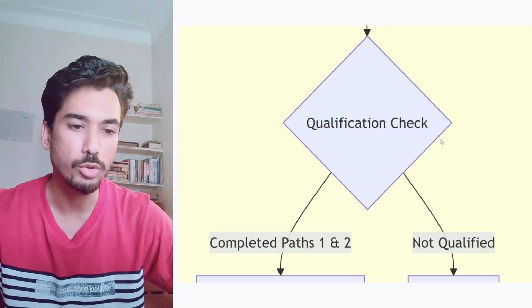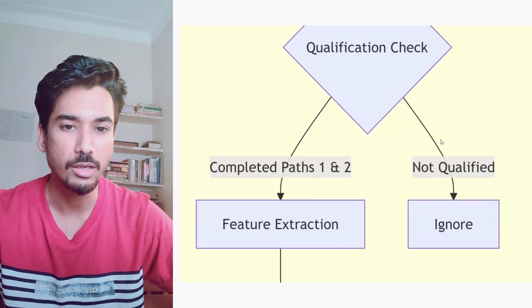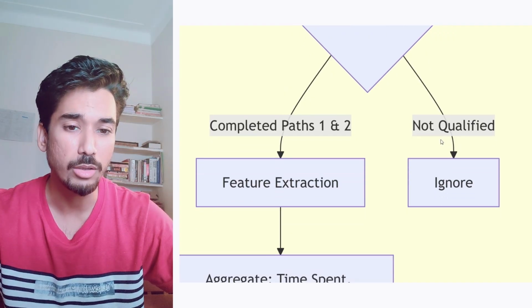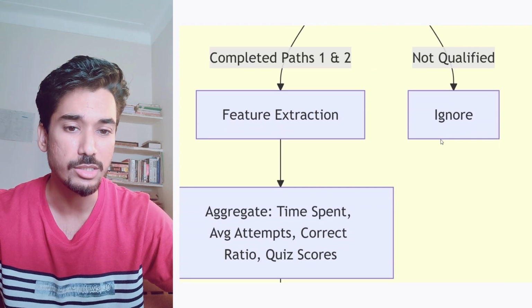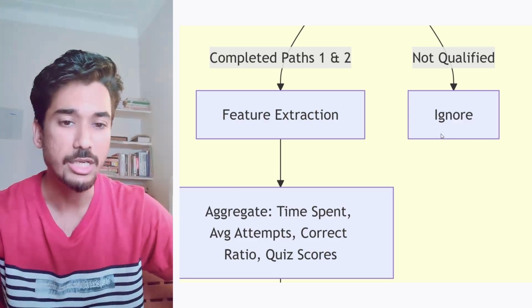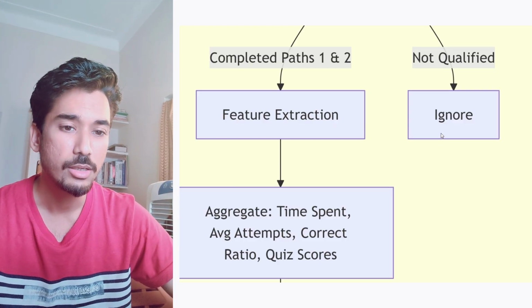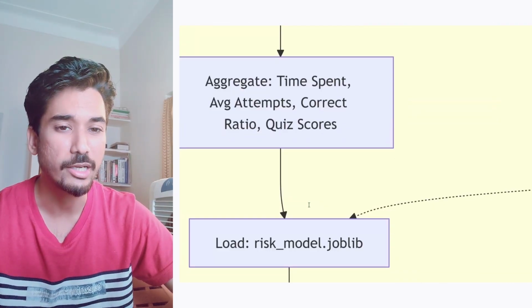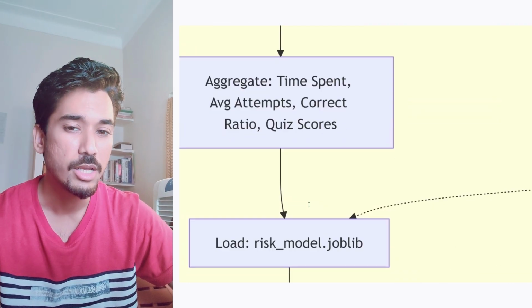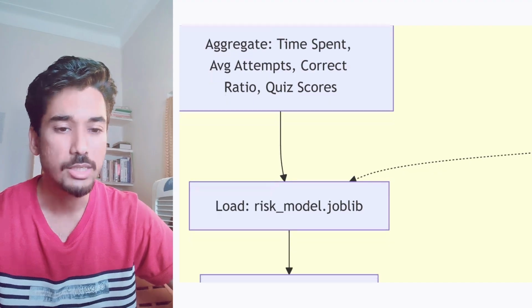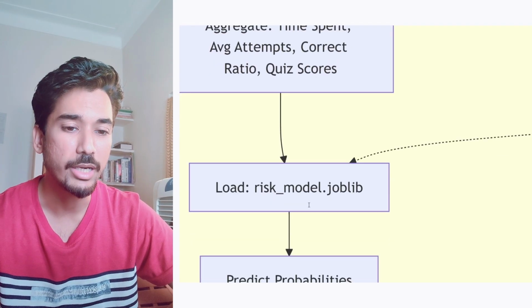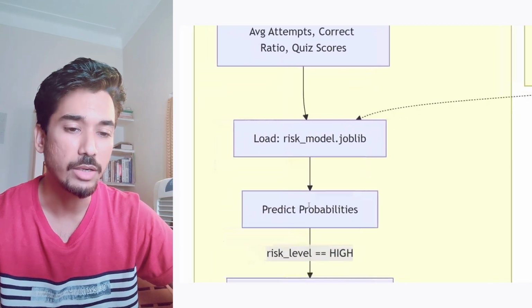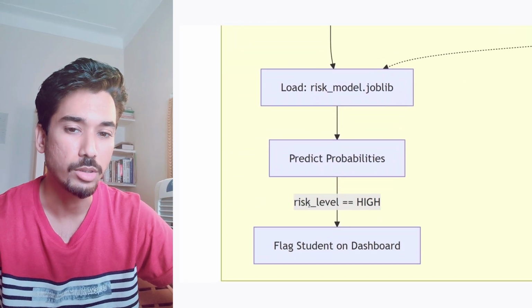If those are completed, we will be checking if the particular student is at risk. Once we start checking, we check the time spent, the attempts, the correctness ratio, quiz scores, etc. Then we dynamically load our model, and the model will be predicting the probabilities for us. And if the risk level is high, it will flag the students on the trainer dashboard.